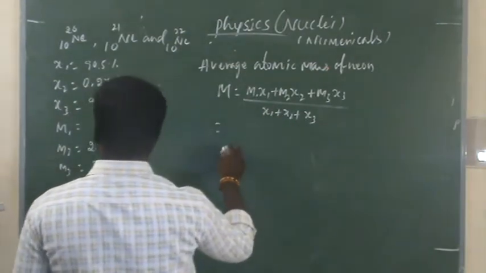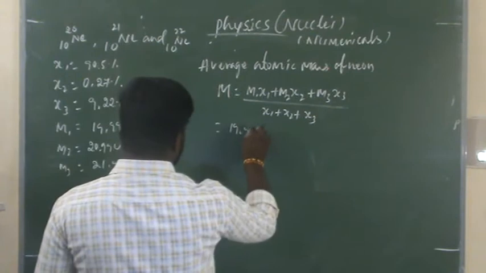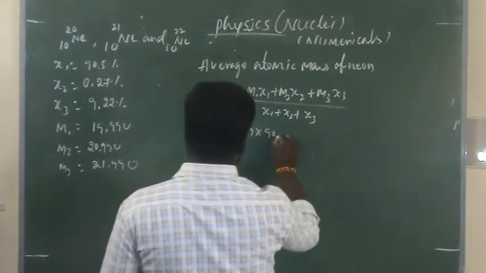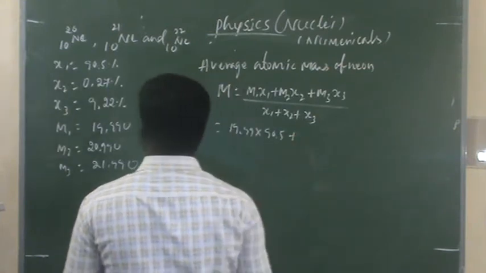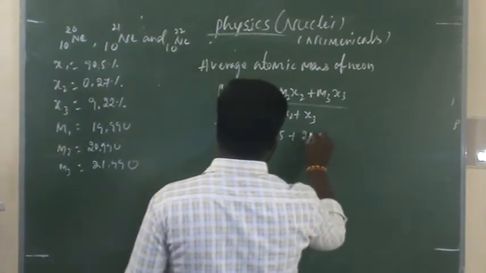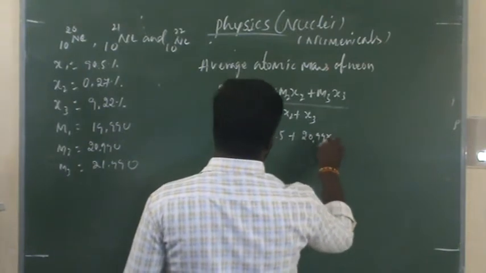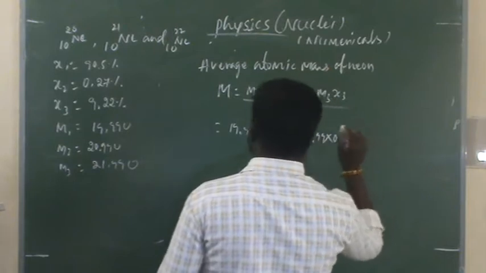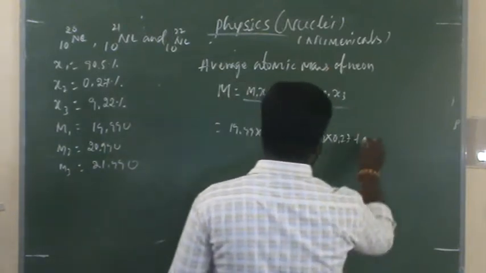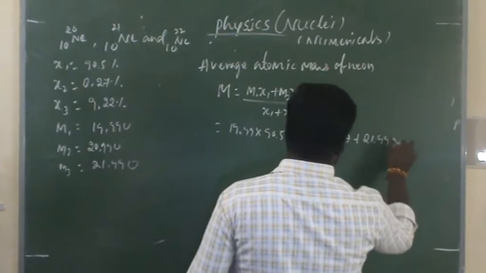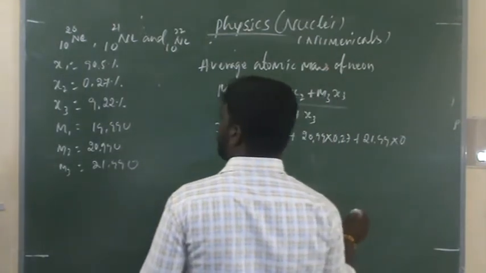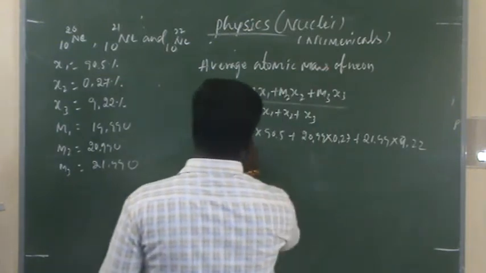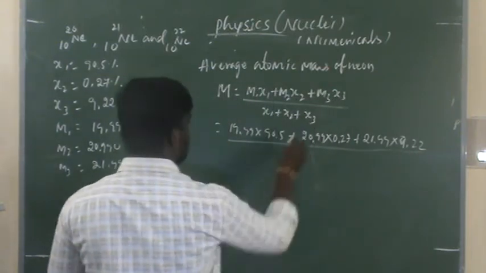M1 is 19.99 into X1, which is 90.5%, plus M2 is 20.99 into X2, which is 0.27%, plus M3 21.99 into X3, 9.22%, divided by X1 plus X2 plus X3.